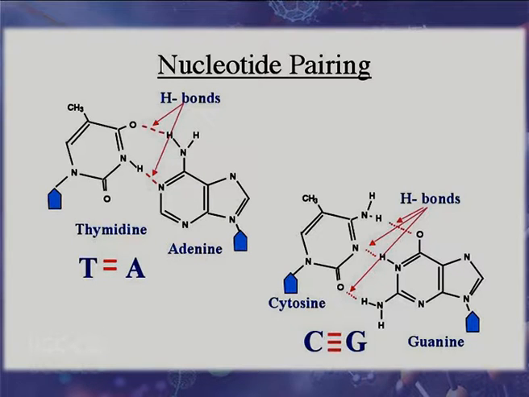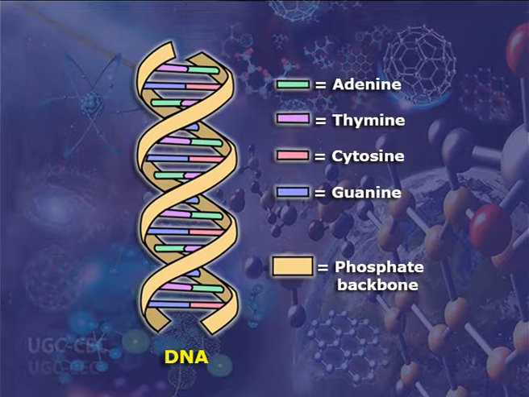In DNA, bonds form between bases on the two nucleotide chains and hold the chains together. Each type of base binds with just one other type of base. Cytosine always binds with guanine and adenine always binds with thymine. These pairs of bases are called complementary base pairs.